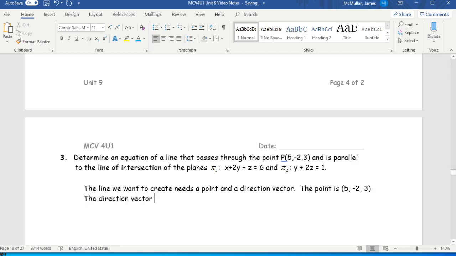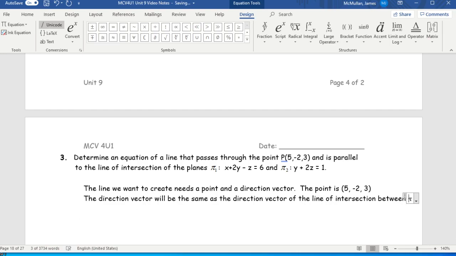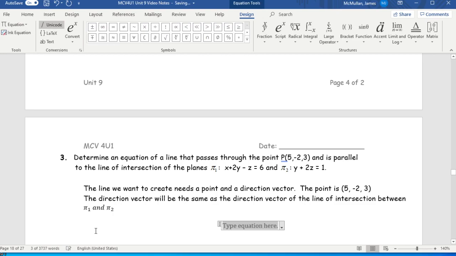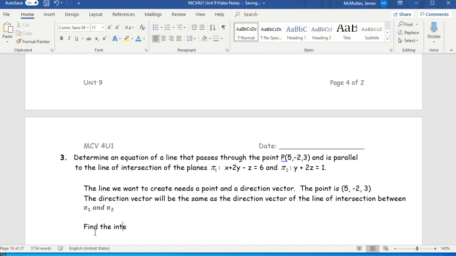The direction vector will be the same as the direction vector of the line of intersection between pi 1 and pi 2. So we're going to need to solve the intersection, take its direction vector, and then just pop it onto this point instead of whatever point we get. So let's find the intersection of the two planes.